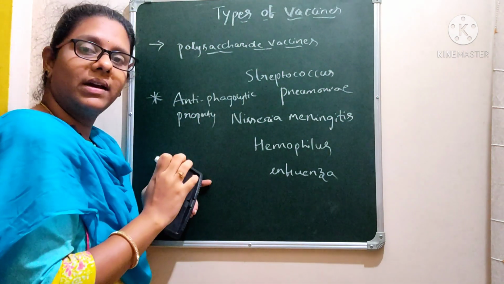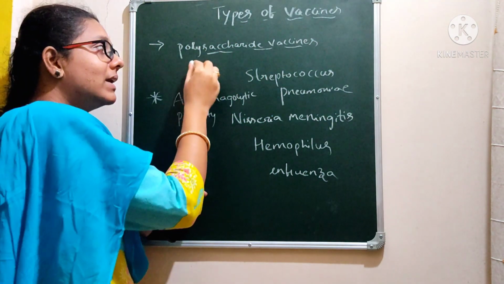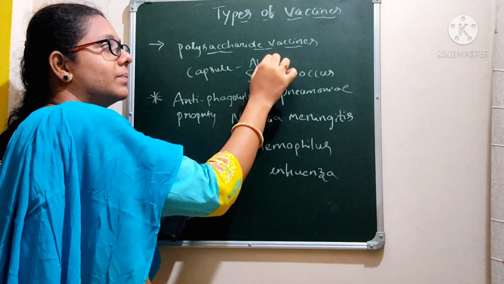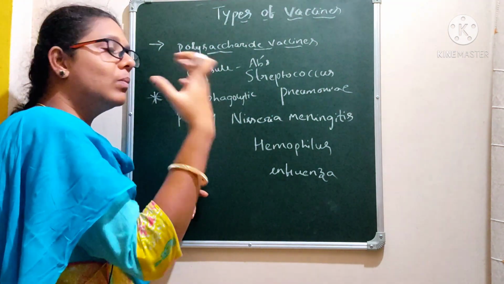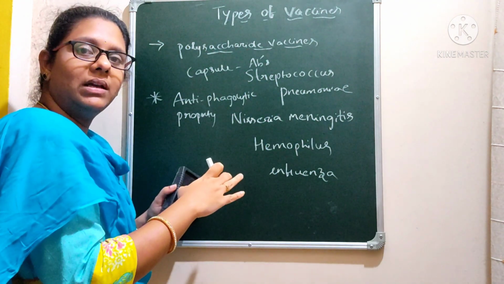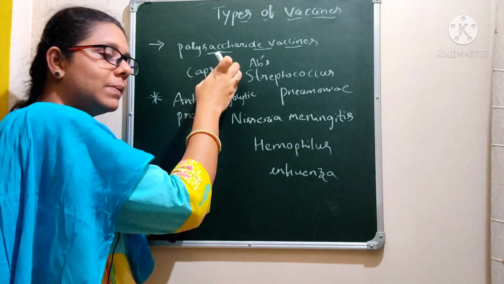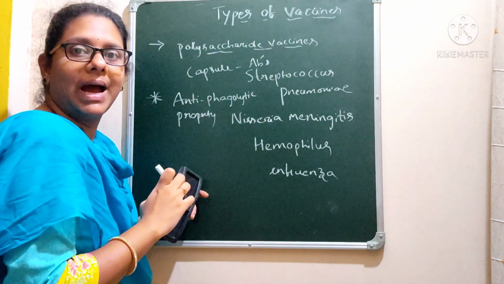In these polysaccharide vaccines, what we can do is that the polysaccharide capsule is coated with antibodies. The bacteria which have a capsule are more virulent compared to the non-capsulated bacteria, and moreover the presence of the capsule gives the antiphagocytic property to that bacteria.